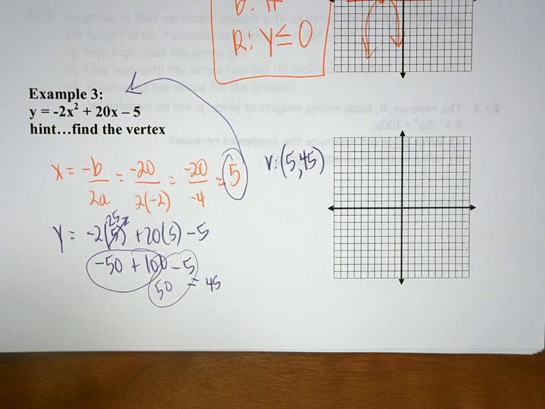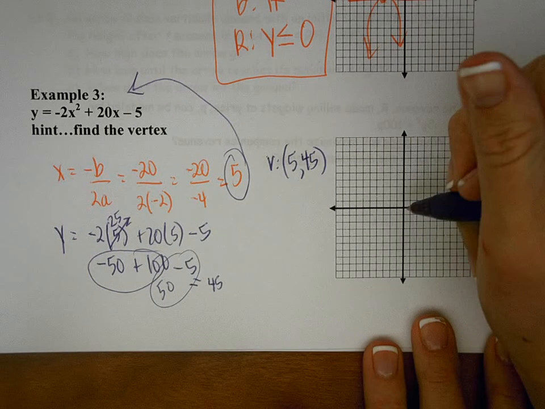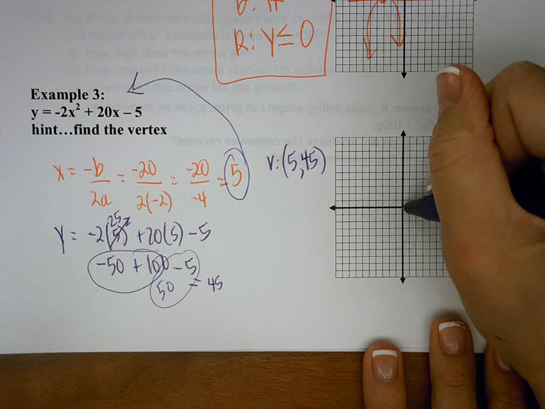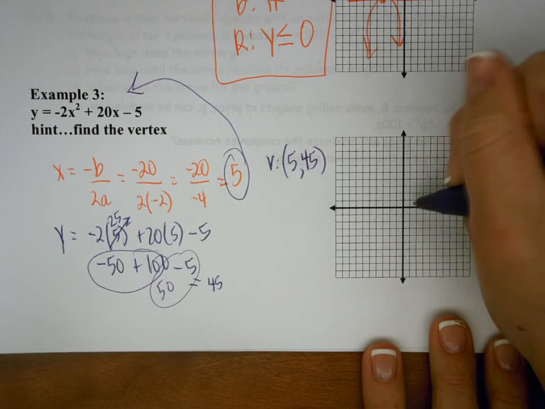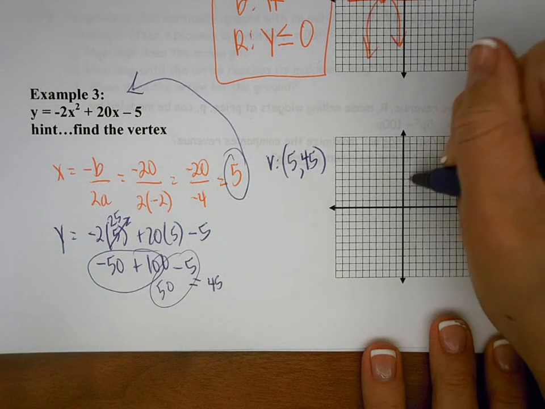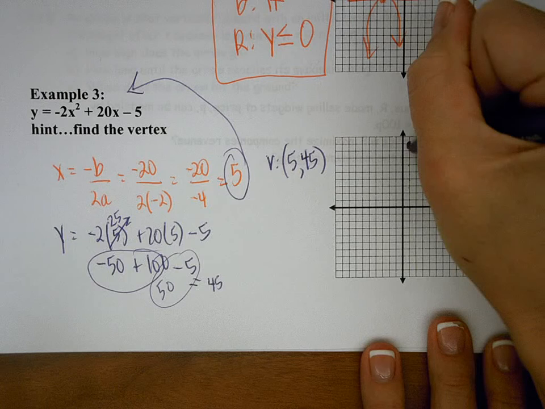I'm going to count by 5s. Is that okay with everybody? So if we have 5 on the x, then we go 5 on the x, and then 5, 10, 15, 20, 25, 30, 35, 40, 45 is 1 from the bottom. Is it going down or up?